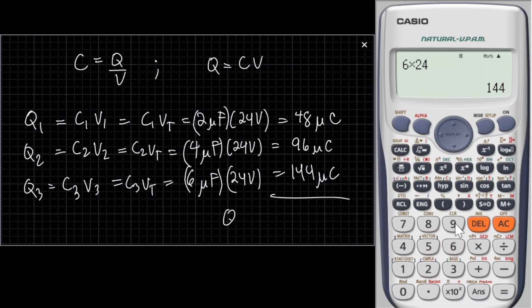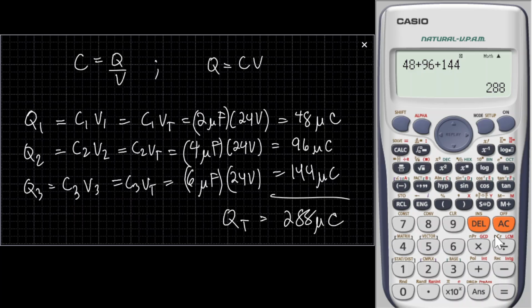So, i-add natin siya. Dapat si QT is malapit dun sa 288. So, 48 plus 96 plus 144. So, 288. Eksakto. So, tama yung sagot natin.